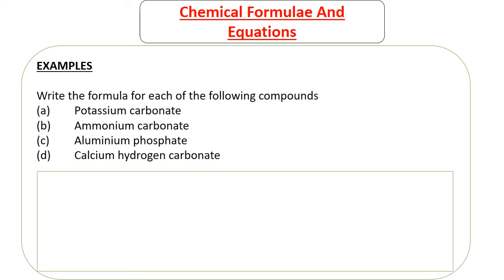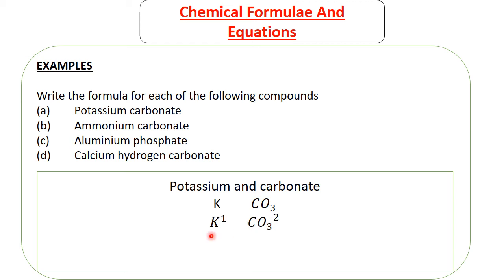So we start with potassium carbonate. What is important is to identify the elements making up a given compound. Unfortunately, all the examples here have to do with one element and one radical. We don't have ones which have just elements like sodium and chlorine. So for potassium carbonate, we have potassium and carbonate. Potassium has a symbol of K, and carbonate has a symbol of CO3.